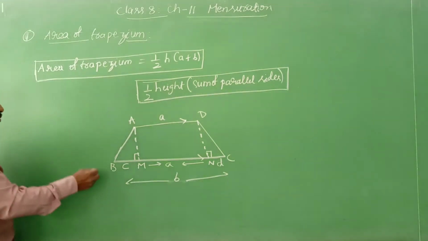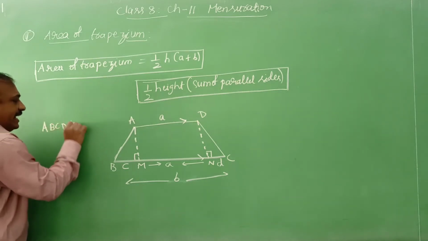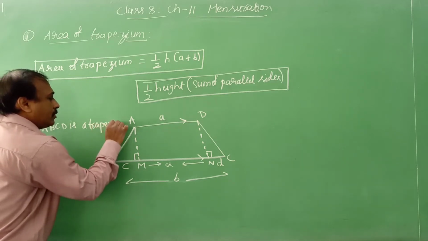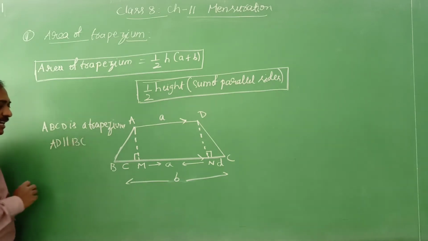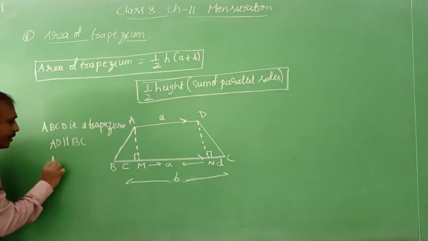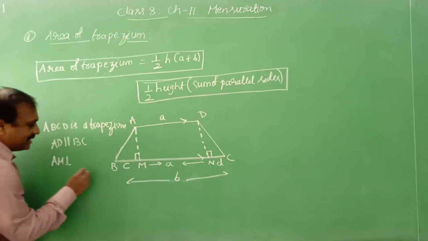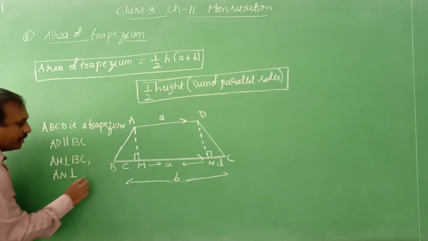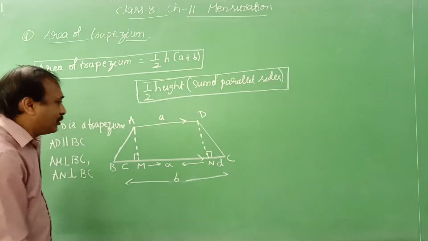Here also you see ABCD is a trapezium in which AD is parallel to BC. Now AM and DN. AM is perpendicular to BC and DN is also perpendicular to BC.